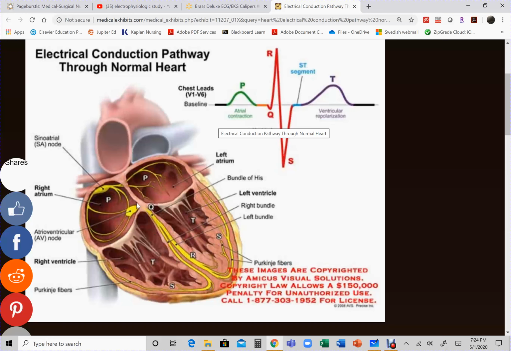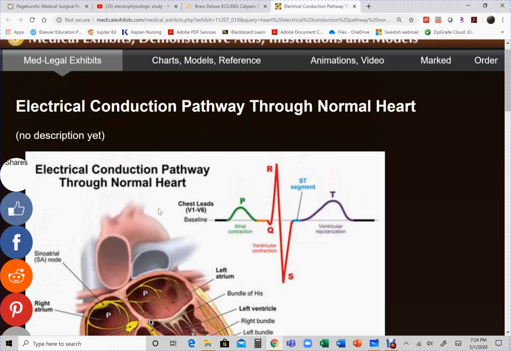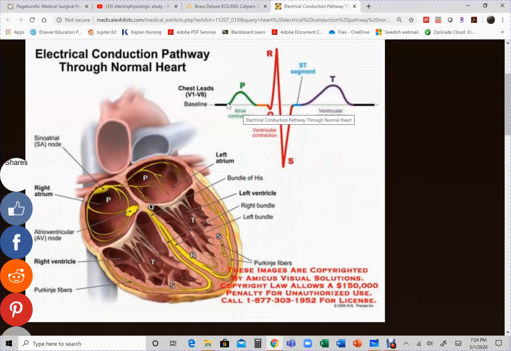That mustn't happen, because we need the atria to empty blood first and fill the ventricles before the ventricles contract. All right, so it's crucial. This is a very important job of the AV node, which is to delay the electrical impulse, and that delay is represented by the PR interval.